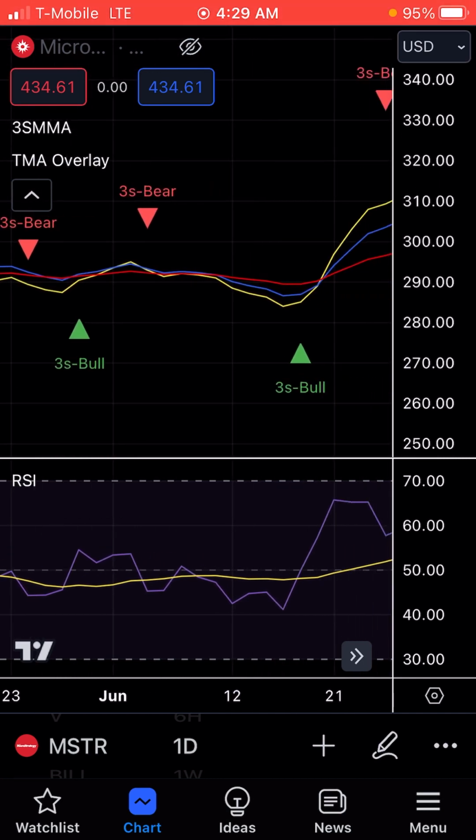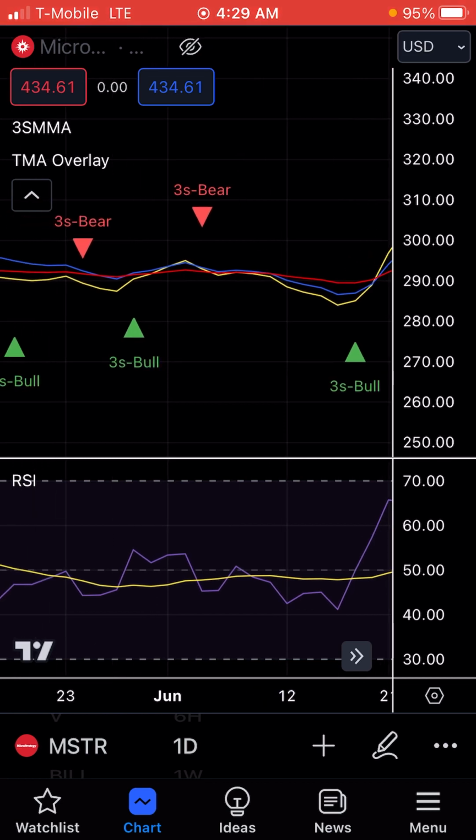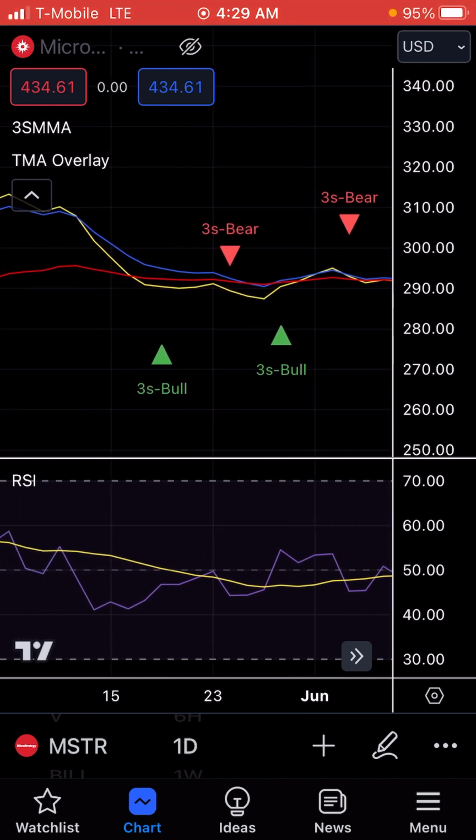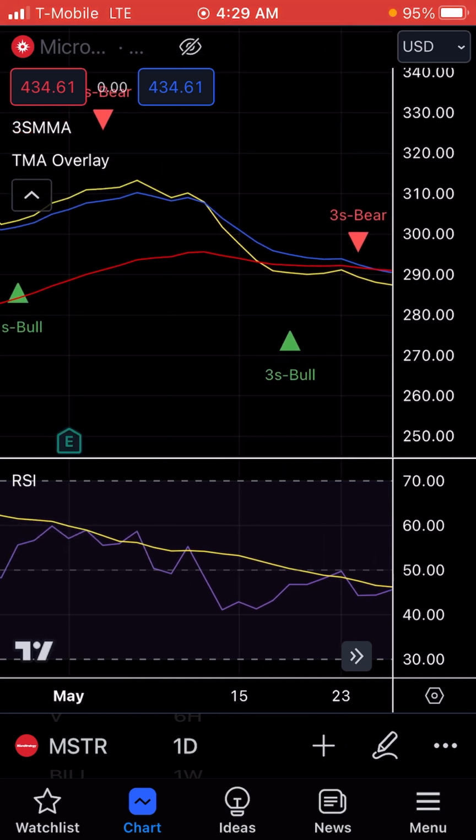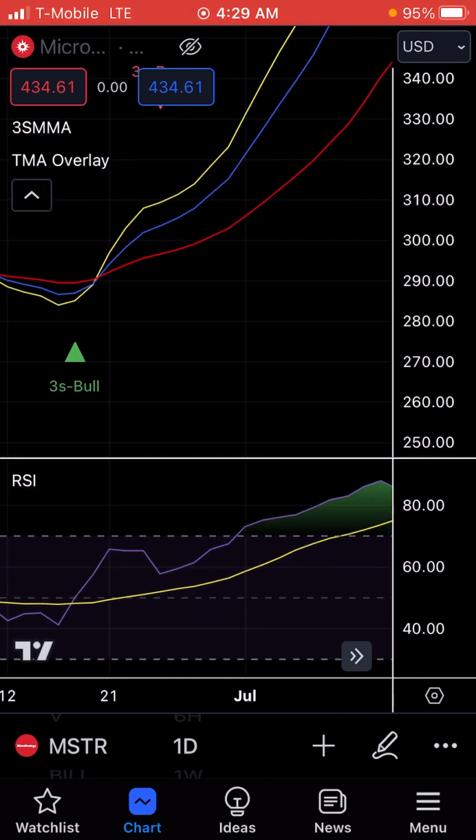So right here, and you can tell right here with the RSI that it's going a little bit sideways. So always when that yellow dot is in the center of the RSI, it's usually sideways. So anyway, let's look at one or two here.